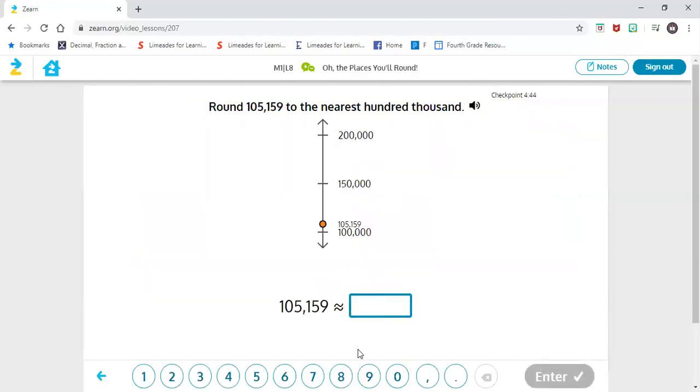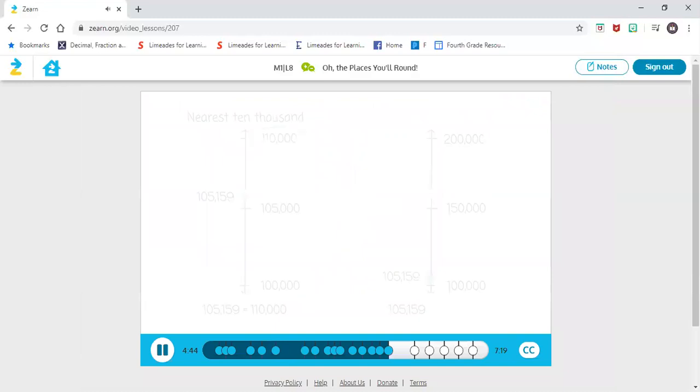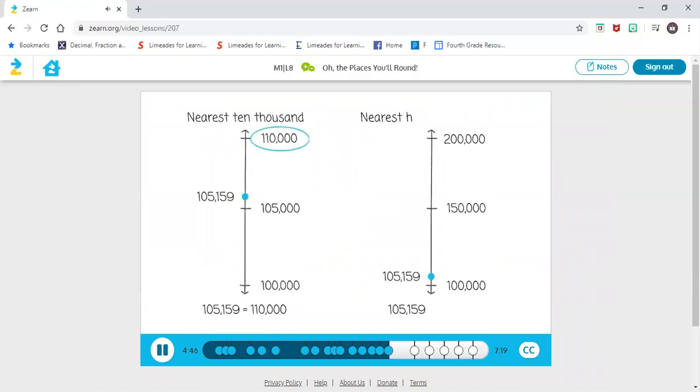And remember, anything that's below our midpoint will be rounded to our bottom number, which is 100,000. When we round to the nearest 100,000, 105,159 rounds down to 100,000.